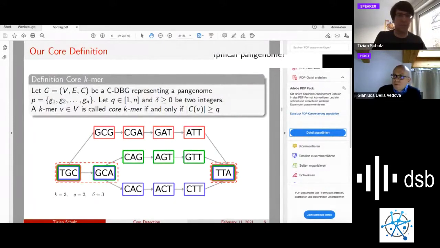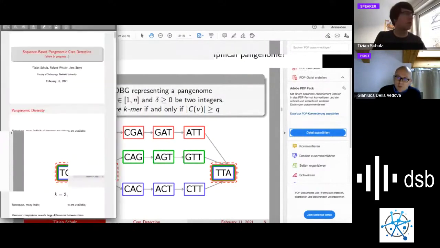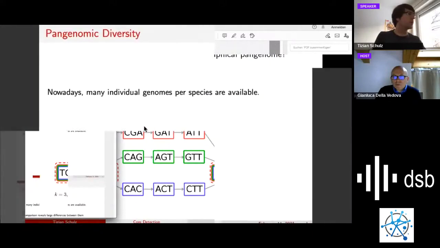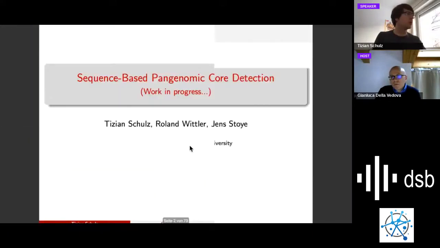Somebody suggests to share the application window instead of the entire screen. Yeah, that's a good suggestion. Well, let's first try this.